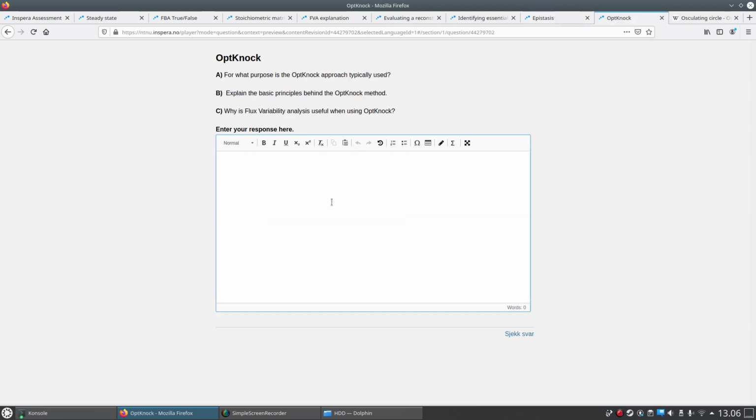And our last question of this exam is on the topic of OptKnock. So fundamentally, the purpose of OptKnock is to engineer a cell to produce a desired metabolic byproduct.